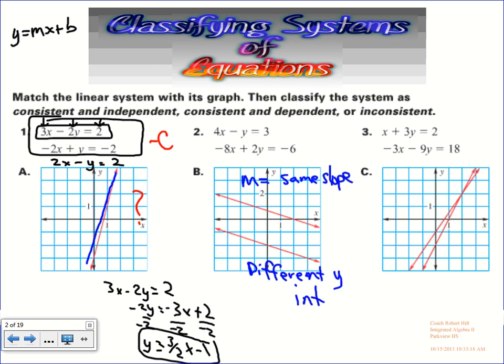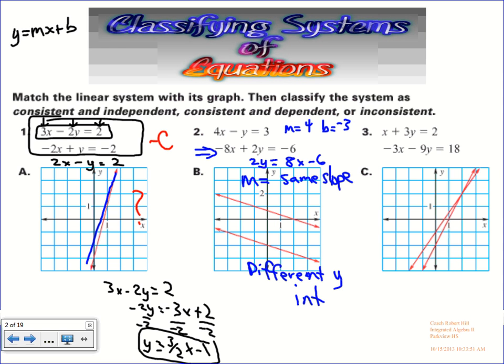Remember, one of the things that we studied last week is that there was a time when you had dependent systems. When you have dependent systems, the slope is 4 and the y-intercept is negative 3. If I took this equation right here and solved it for y, that would be 8x minus 6, and then I would divide everything by 2. Even though it looks like they're different lines, those aren't different lines.